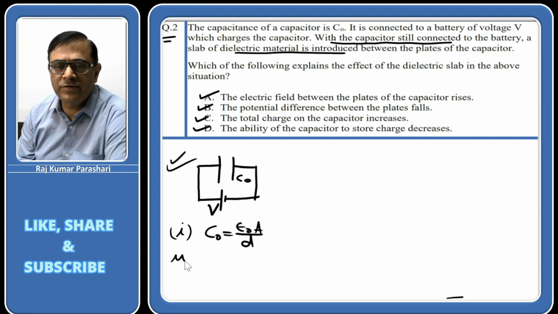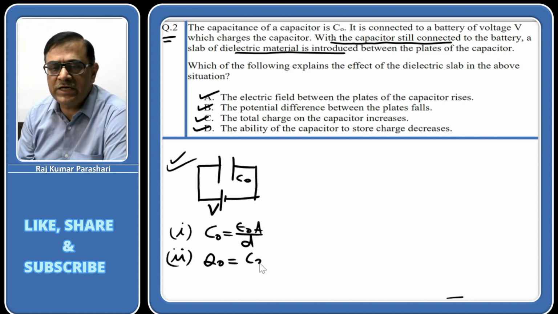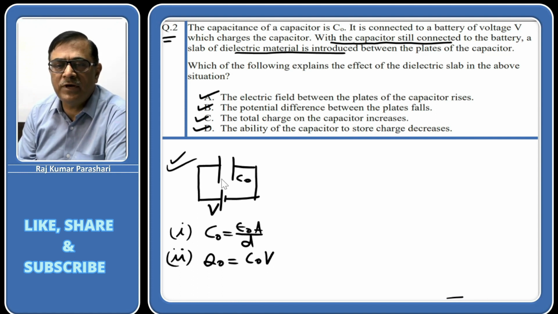The second point is the charge on this parallel plate capacitor, Q naught, that will be equal to C naught times V. C naught is the capacitance of this parallel plate capacitor, given by this expression.